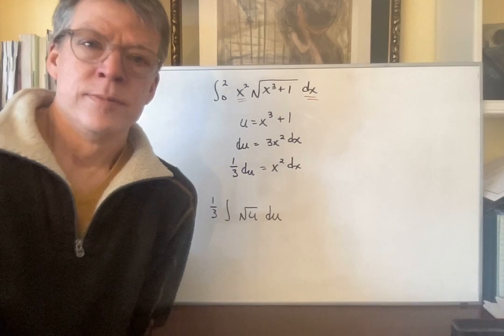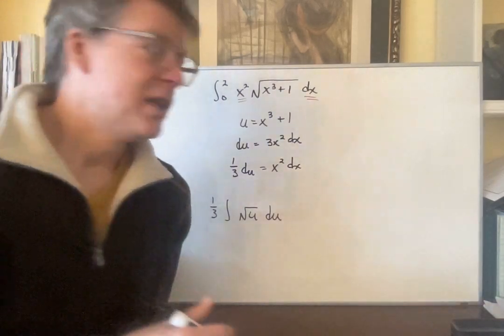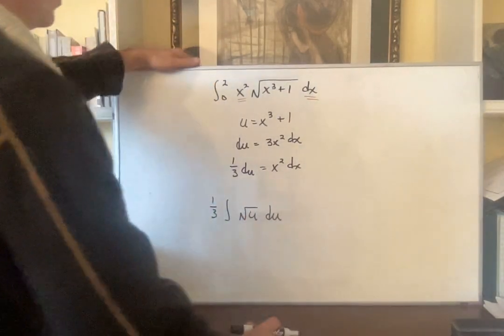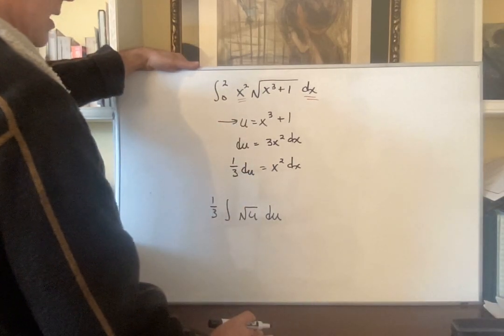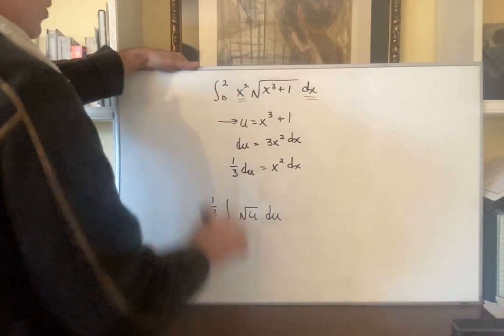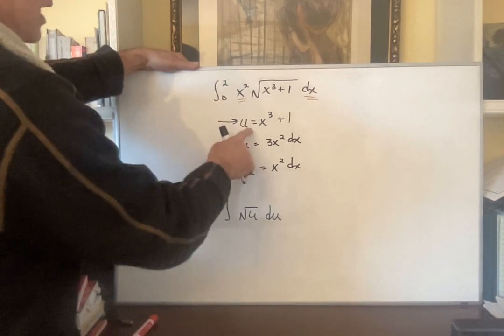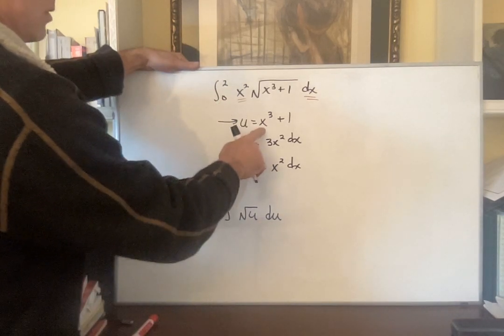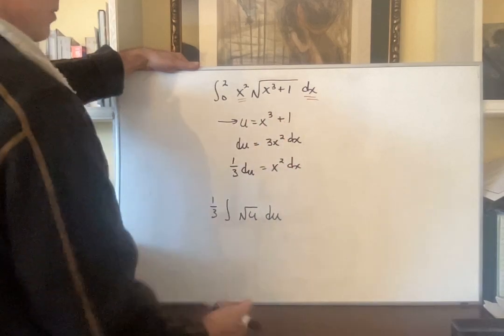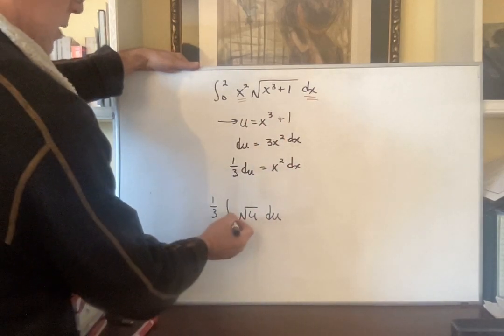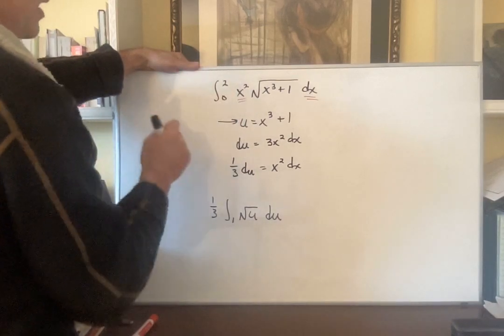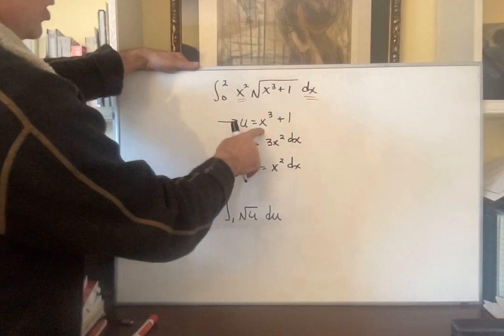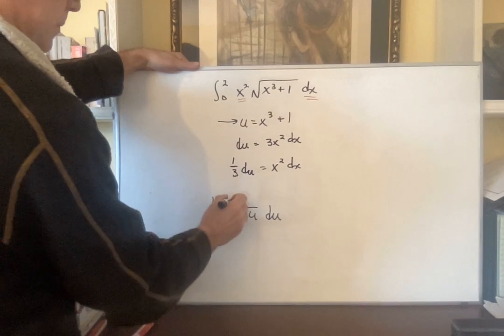And it's easy, because this right here tells you how u and x are related. So when x is 0, guess what u has to be? Just do 0 cubed plus 1, and I get 1. So that will be my new limit. And when x is 2, what does that make u be? 2 cubed plus 1, I'm getting 9.